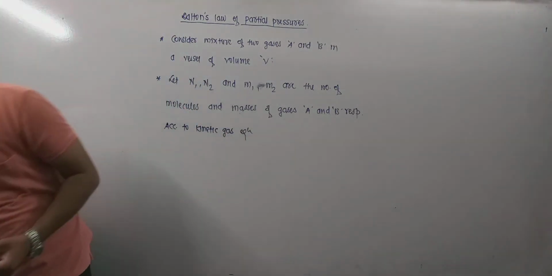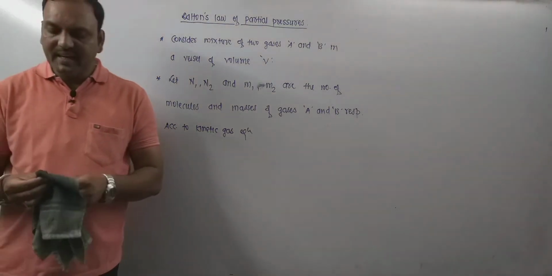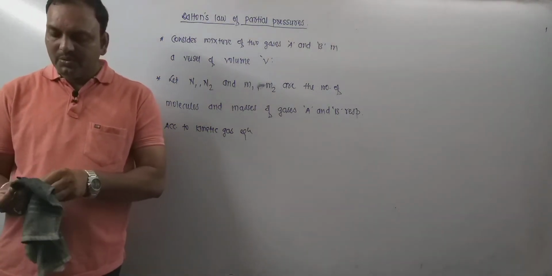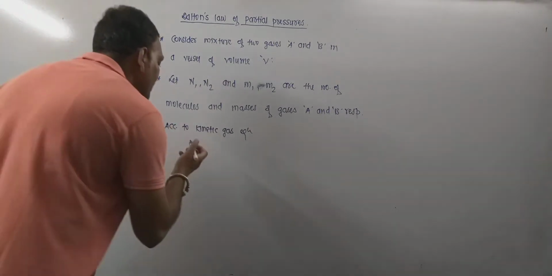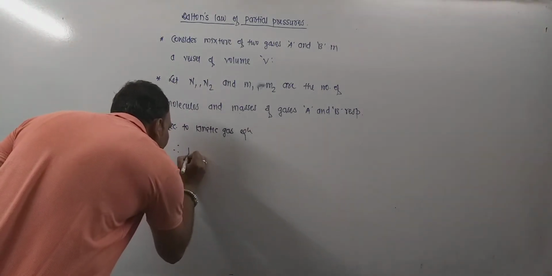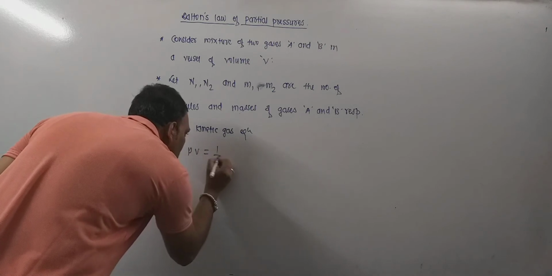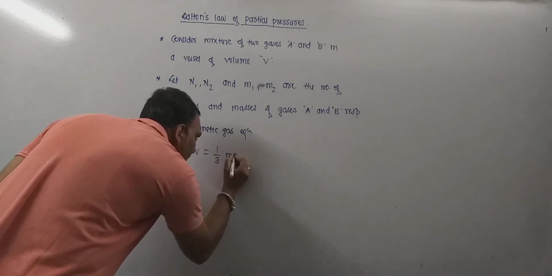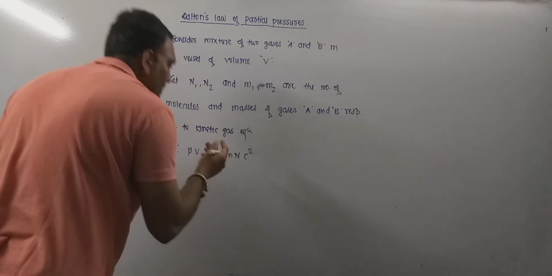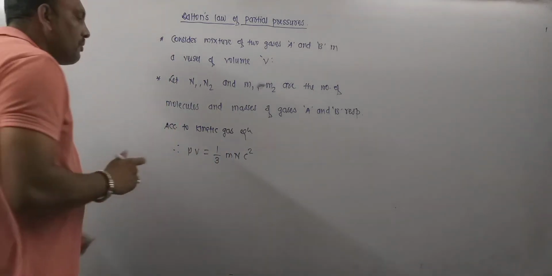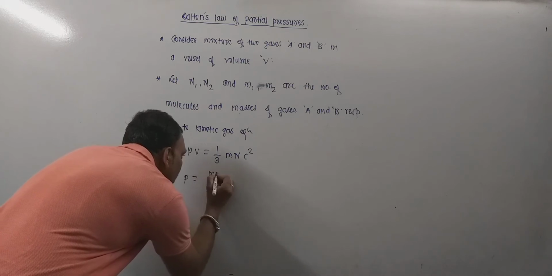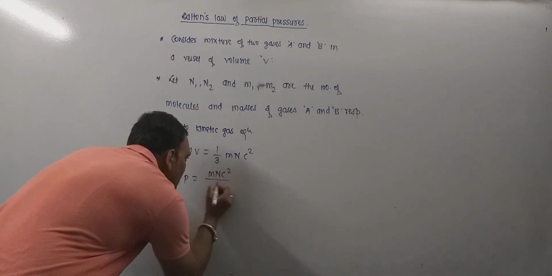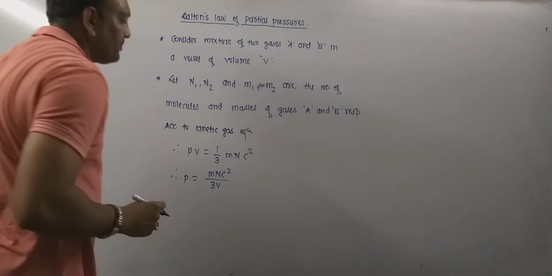we have already discussed the kinetic gas equation. According to the kinetic gas equation, one can easily write PV equals 1 by 3 mnc square. So one can easily write P equals mnc square by 3V.